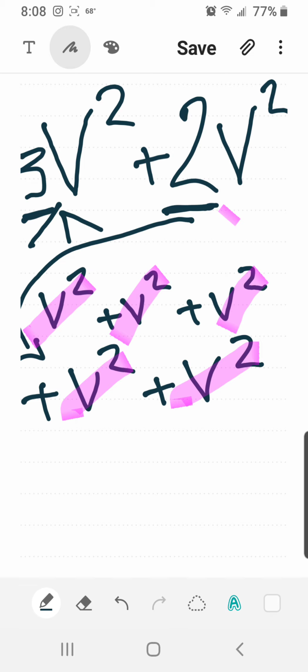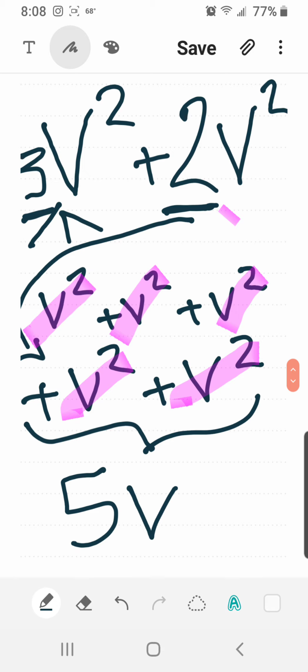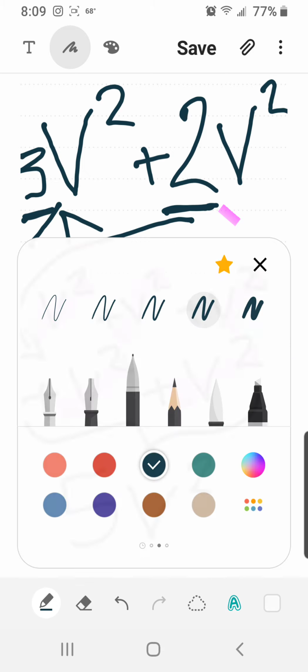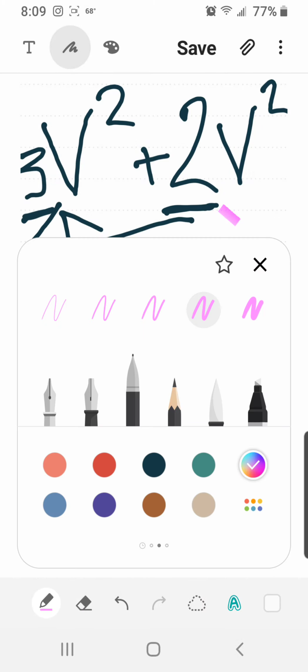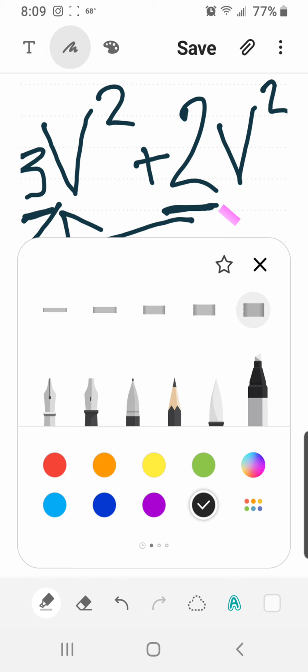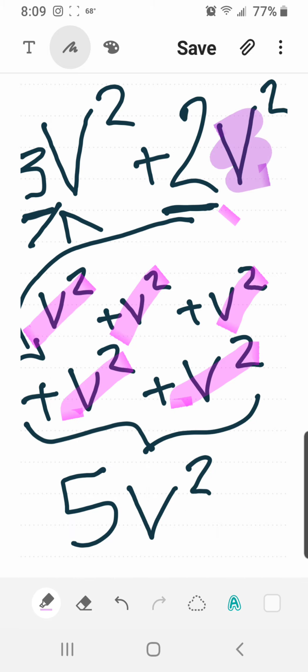So 3 plus 2, that's 5 v squared. So that is, we had the same variable, and we had the same exponent, so we could add them together.